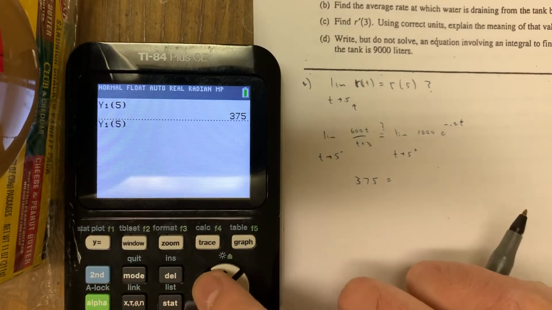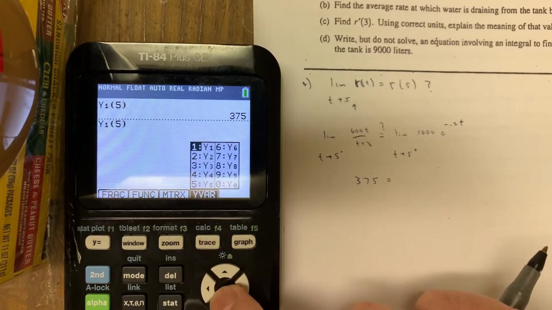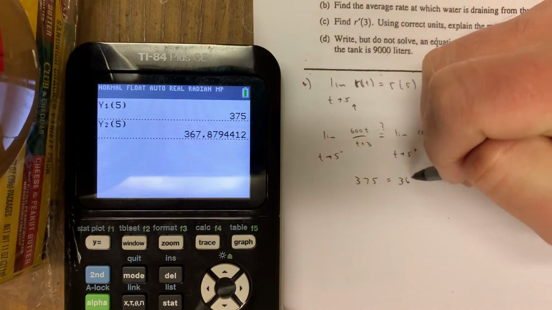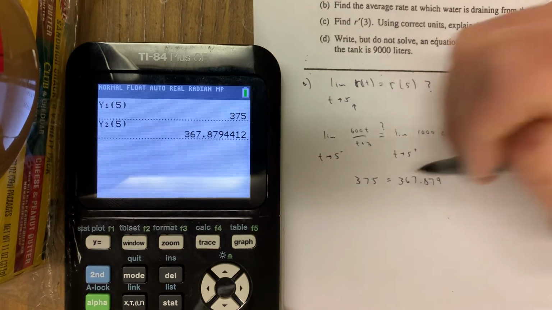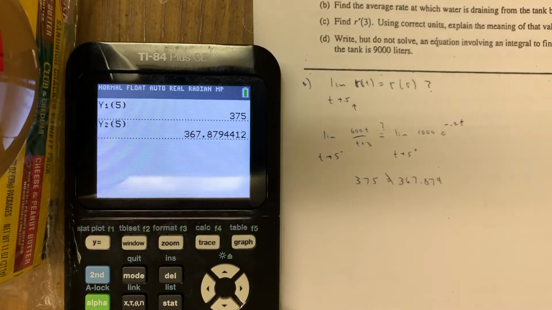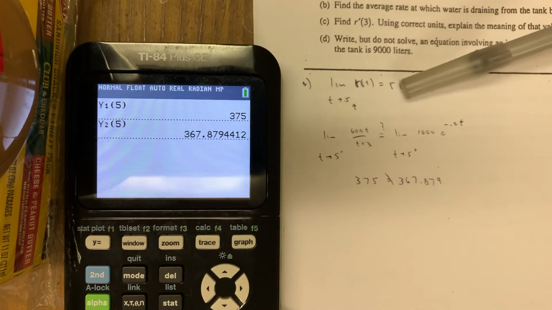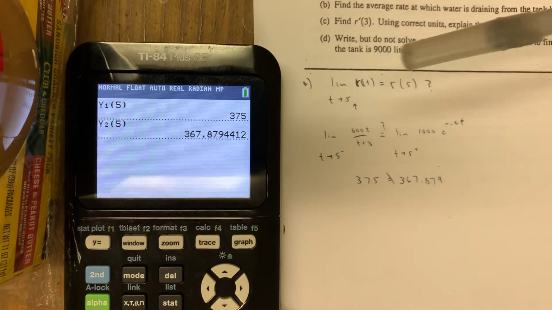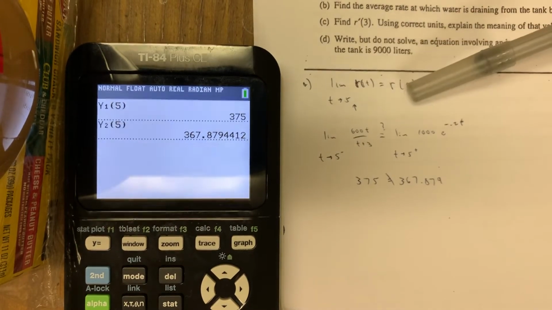Now I'll put in y2 instead. And I end up with something that's not the same, 367.879. This limit does not exist. If the limit as t approaches 5 of r of t does not exist, this thing cannot be continuous at t equals 5. Remember, continuity is not just about the limit existing. It's also about the limit existing and equaling where the function ends up.